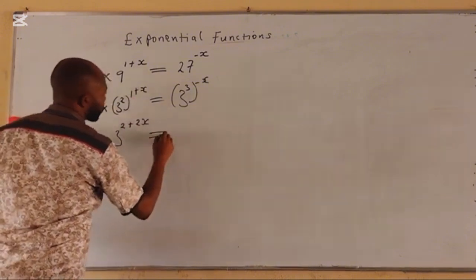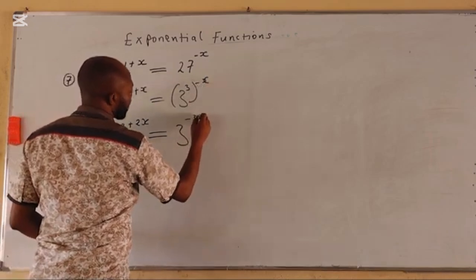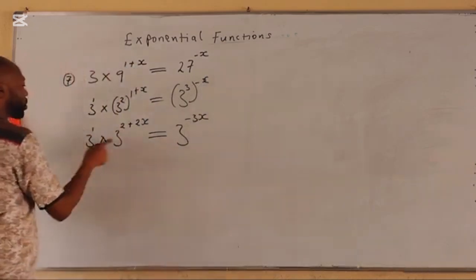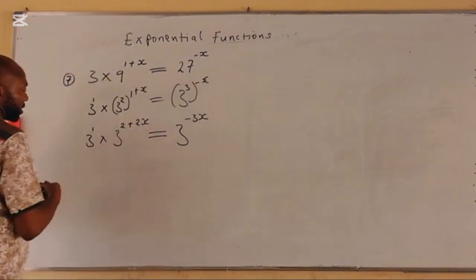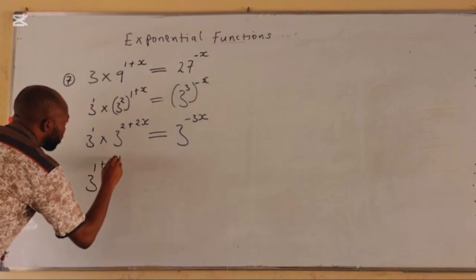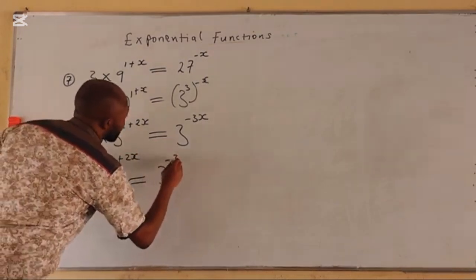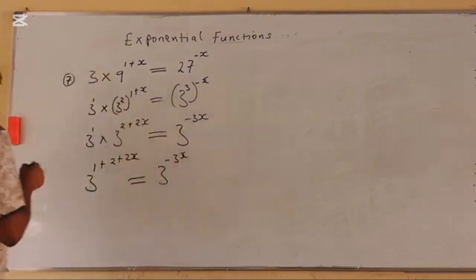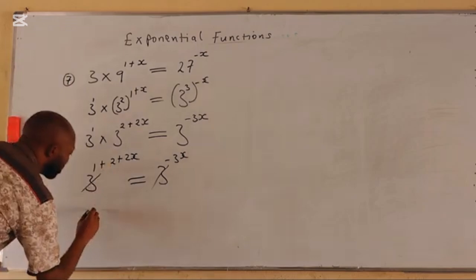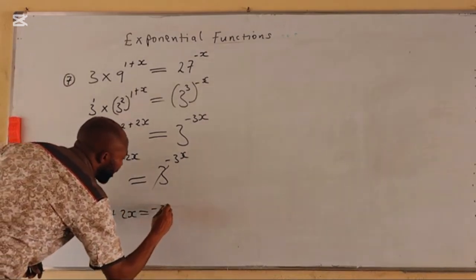This is equal to 3 raised to the power 3 times minus x is minus 3x. Now, multiplication law says that when numbers with equal bases are multiplied, their powers are added. So I now have 3 raised to the power 1 plus 2 plus 2x is equal to 3 raised to the power minus 3x. Now I take this out, they have the same base. 1 plus 2 is 3, plus 2x is equal to minus 3x.